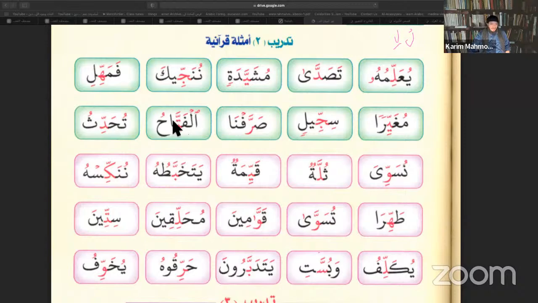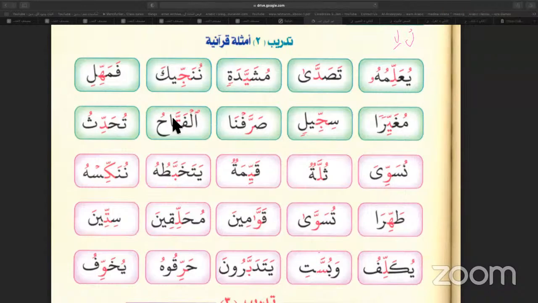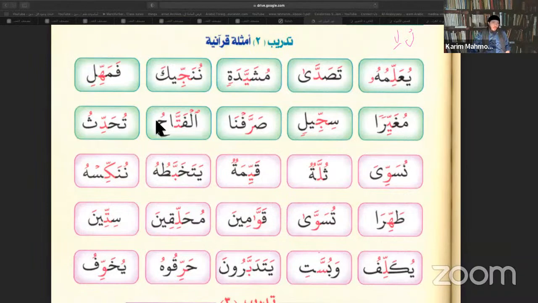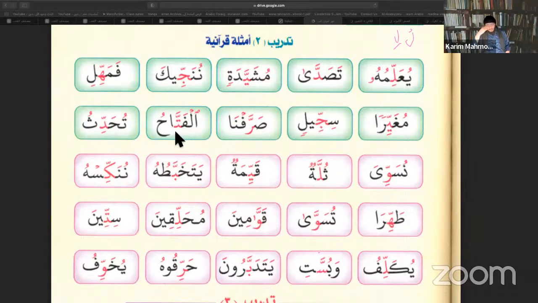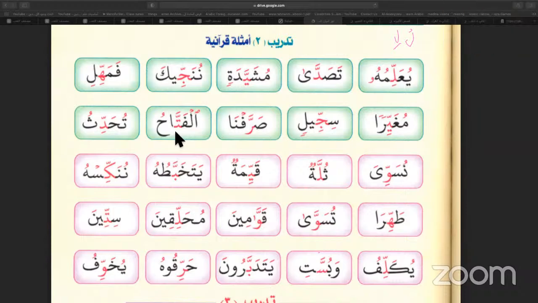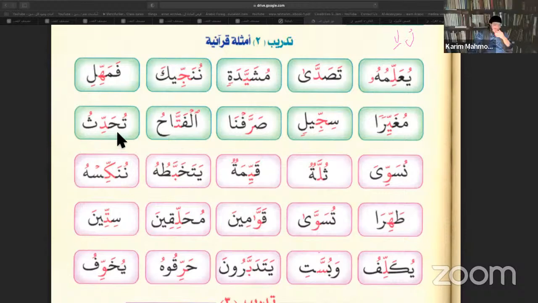This is ta fatha, sir. Ta fatha and alif is ta, not fatahu. This is ha dhamma. Ha dhamma is hu, not who. Say it again. No, al-fattahu. Next.